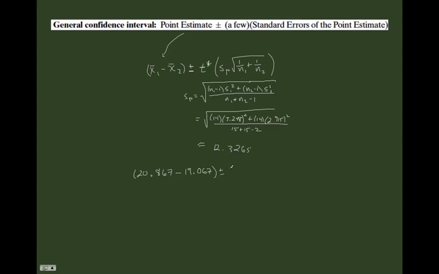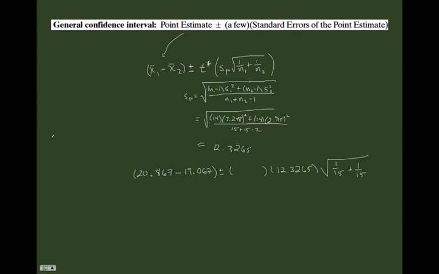I have to figure out what this t star value is, but I've calculated the pooled standard deviation, so I know that I'm going to take 12.3265, that's the pooled standard deviation, multiplied by 1 over 15 plus 1 over 15. So I still have this issue of what to put here in the parentheses for t star. Let's talk about that for a second.